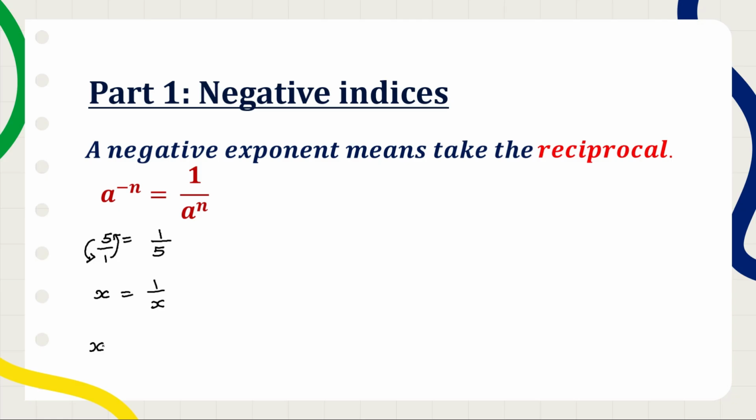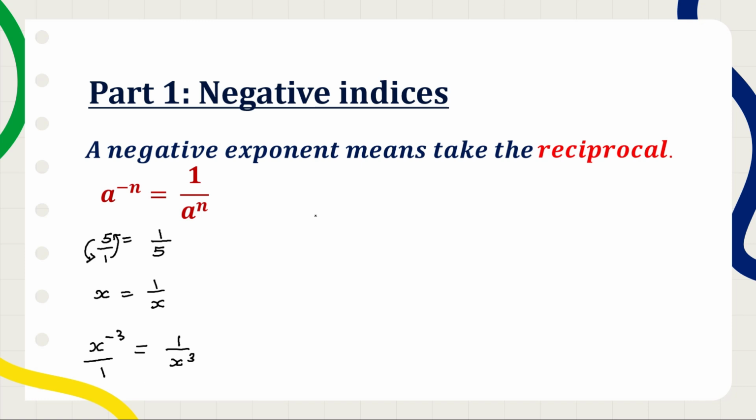If the value has a negative exponent, like in this example, x to the power of negative 3, we take the reciprocal of this value, we flip the fraction upside down, it will be 1 over x cubed. The negative exponent here tells you to take the reciprocal of the value.